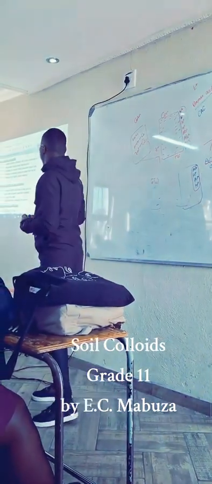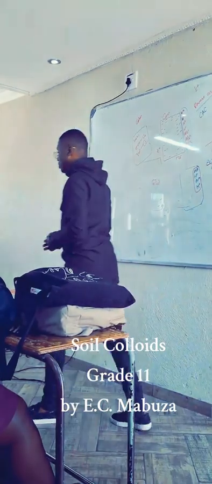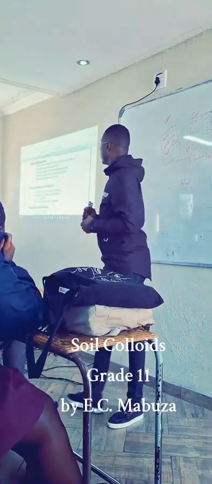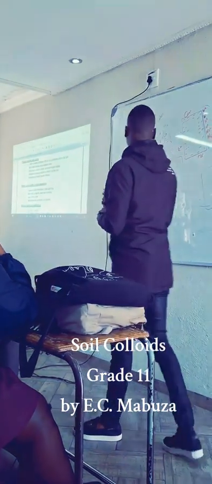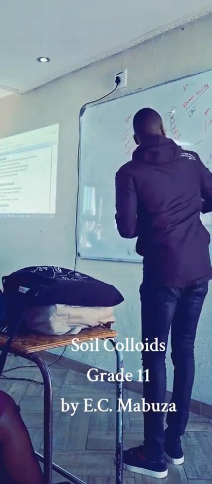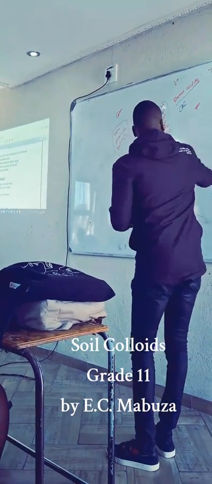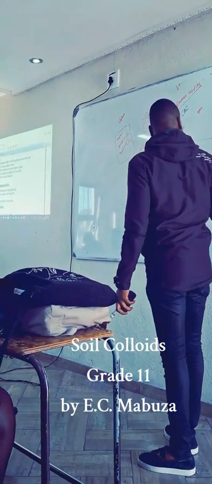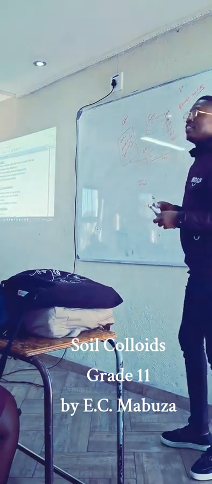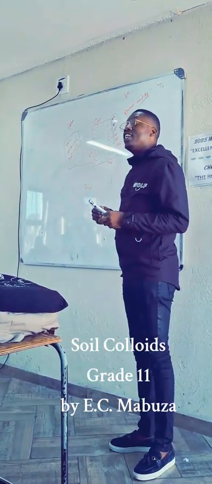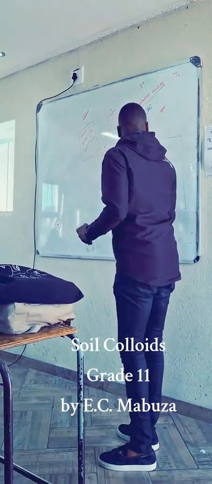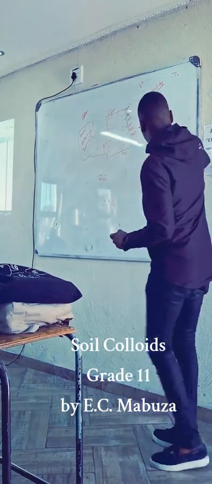The second one, rainwater. Let me demonstrate this. You see, this thing is interesting. There's a very huge difference between eluviation and leaching. Look, let's say this is the surface, from here, subsoil.